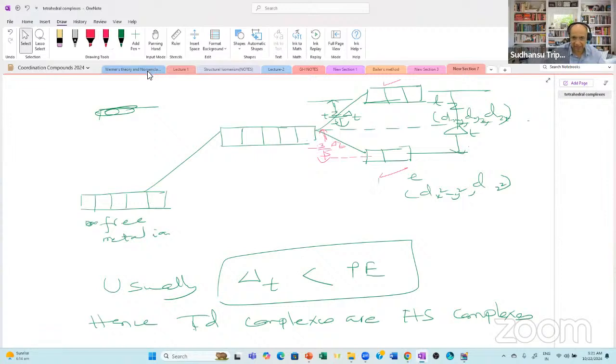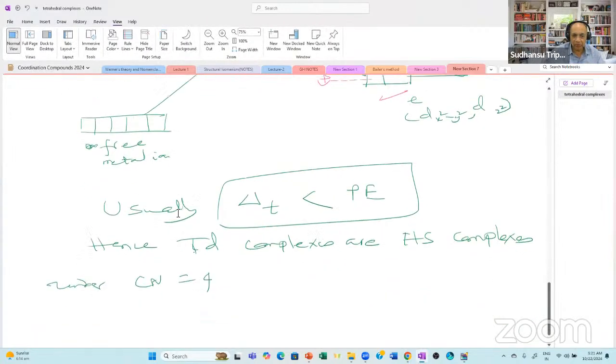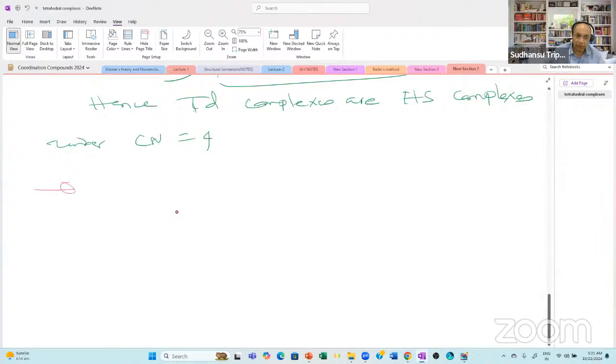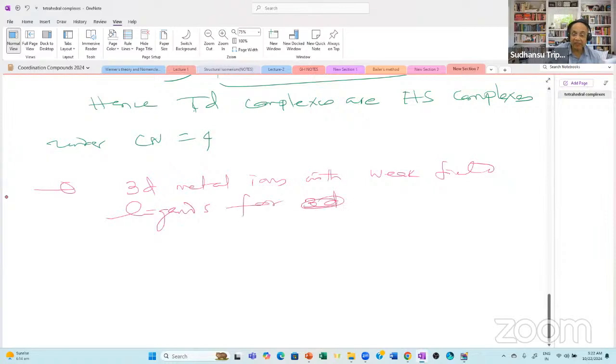So that's it. And we can write, the trick we already know, that 3D metal ions with weak field ligands form tetrahedral complexes.